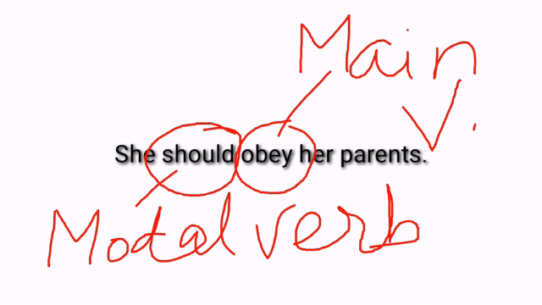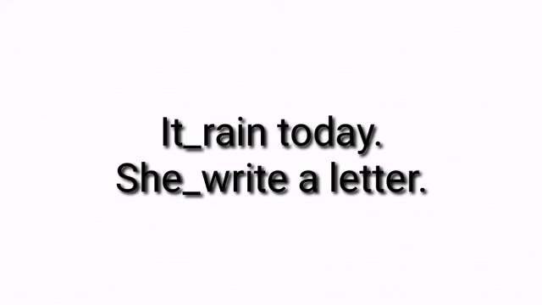Since a modal verb expresses different modality, we need to understand the particular mode conveyed by the sentence to use a modal verb correctly. For example, it dash rain today. She dash write a letter.